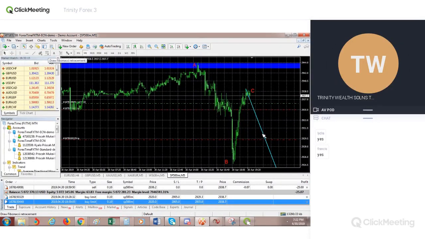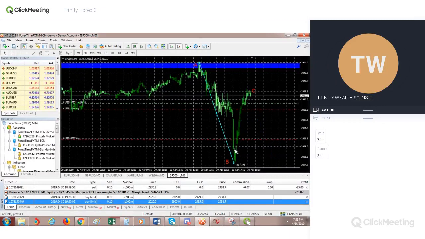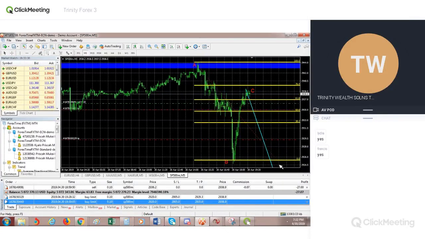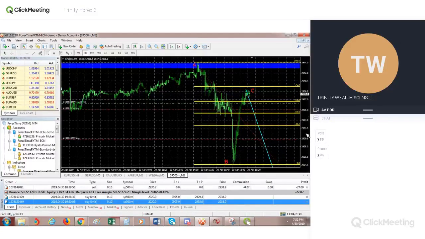But as we saw, ours is not a very nice ABCD pattern. Let me see when I'm using a smaller time frame. Perfect.